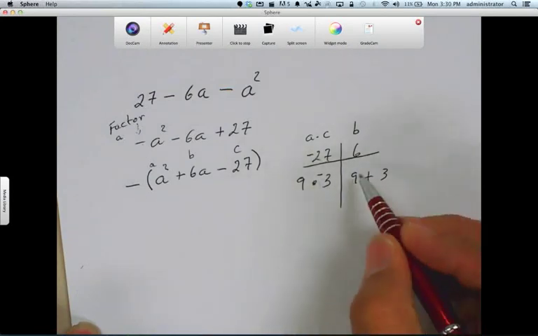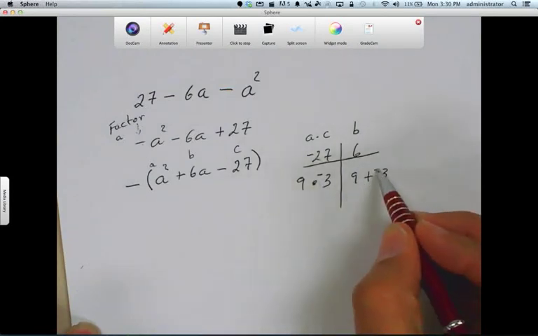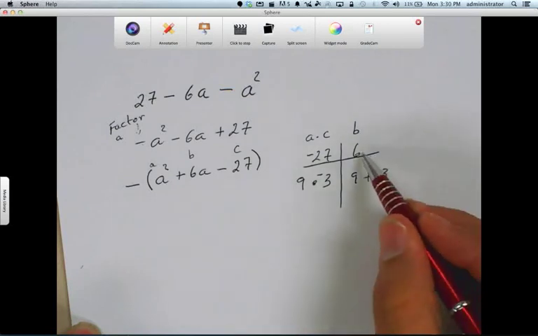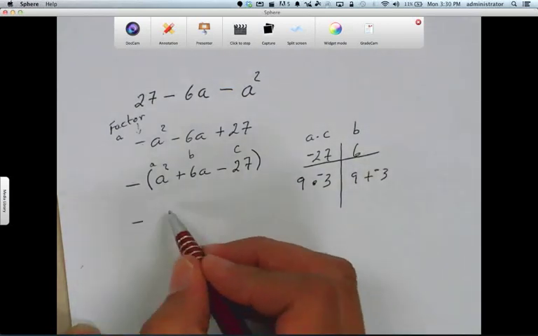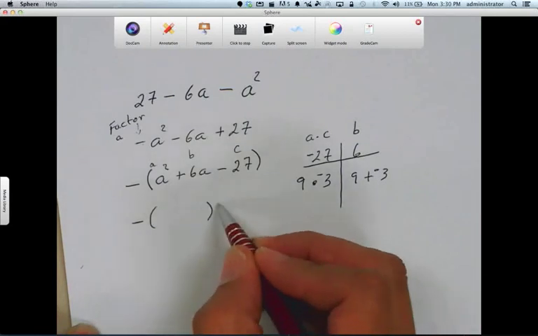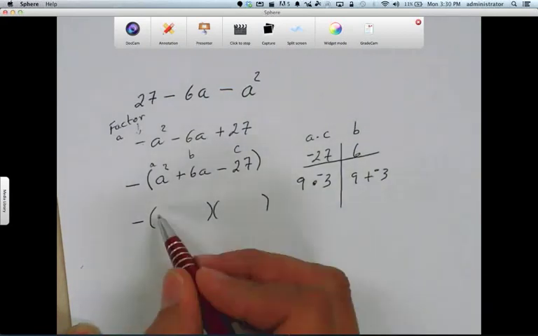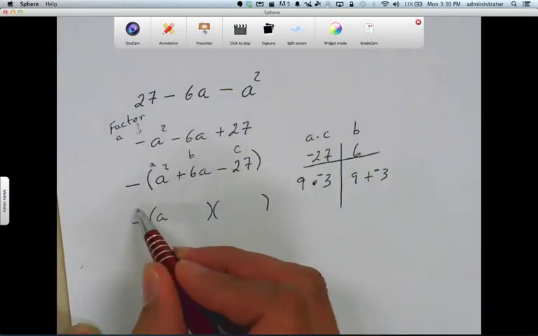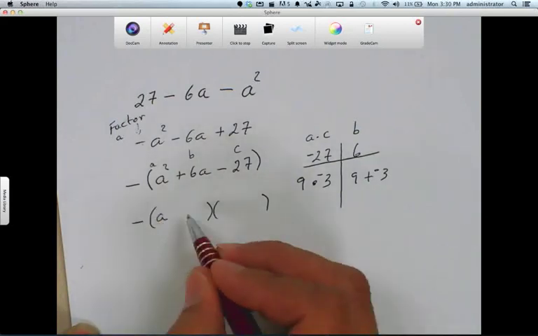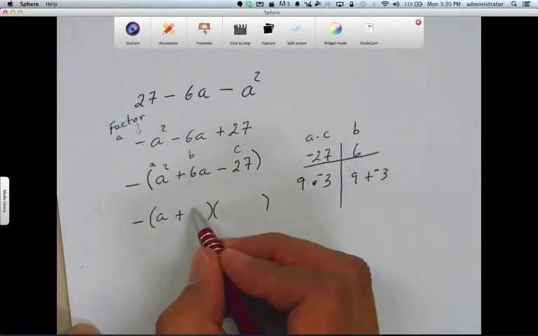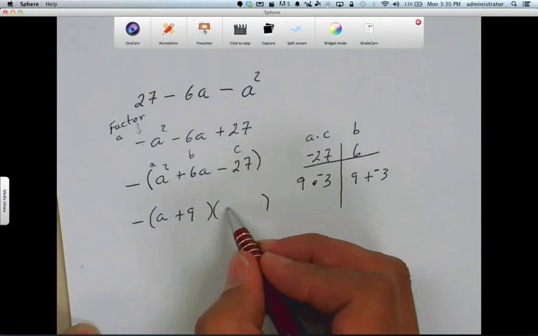Then I have 9 plus a negative 3, that would give me a positive 6. So then putting it back into your binomials, and again, don't forget your negative, just bring it down. So I have a plus 9, and I have an a minus 3.